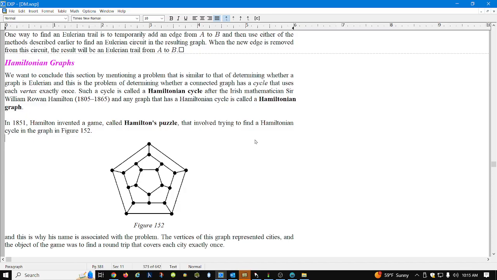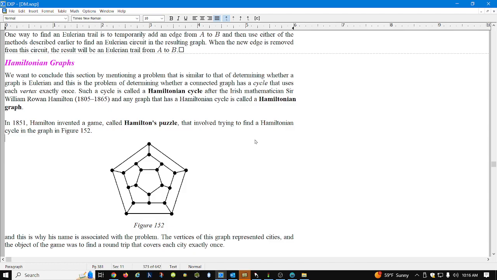Such a cycle is called a Hamiltonian cycle after the Irish mathematician Sir William Rowan Hamilton. And any graph that has a Hamiltonian cycle is called a Hamiltonian graph. So this is in parallel with the Eulerian case.